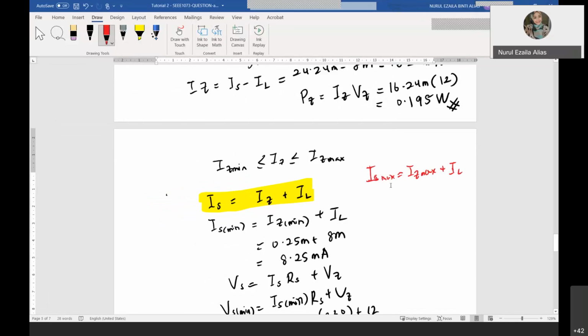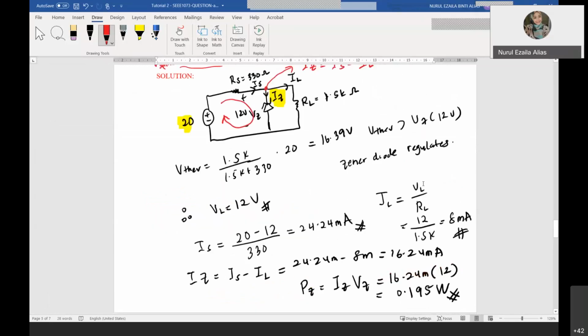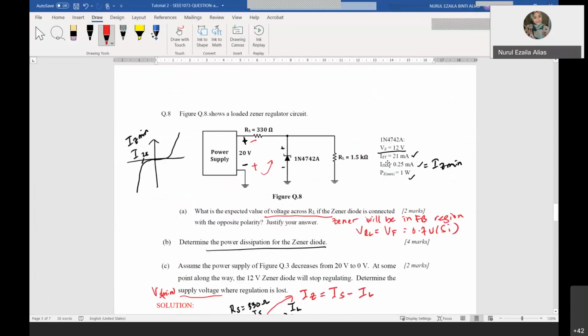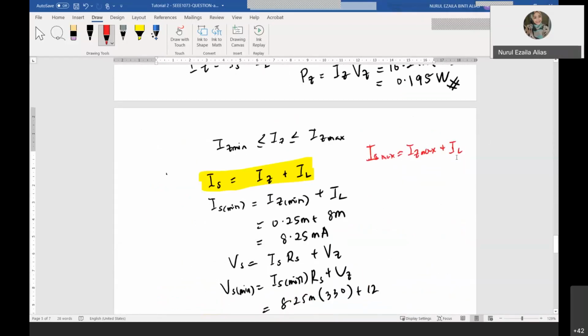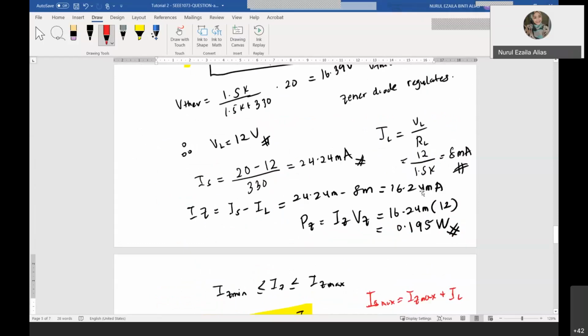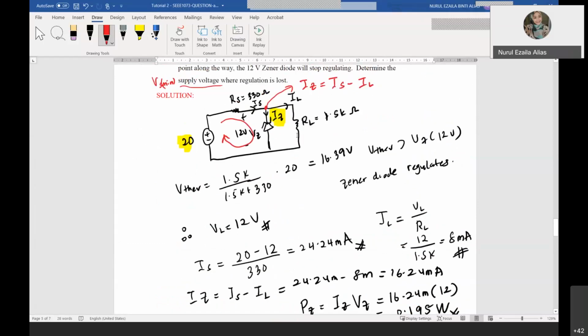If the question wants maximum, it will be maximum. So where do you get the IZ maximum? It is given here. Sometimes in the textbook it will be written IZM, which is IZ maximum. IL in this case is fixed because it is equal to the 12 volt just now.